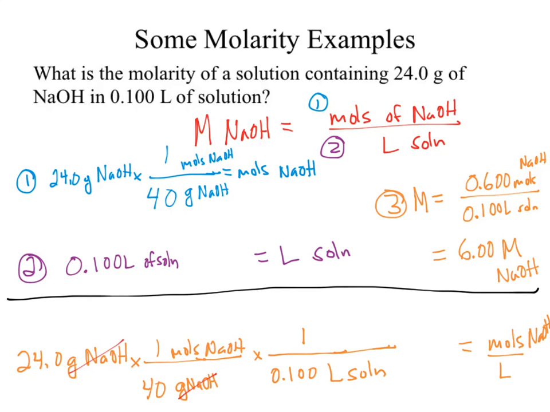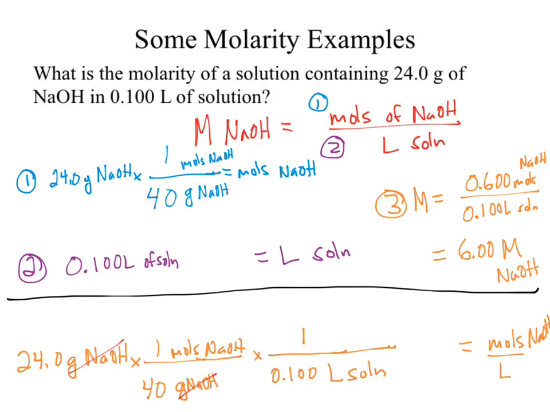The number 1. No units. Why is there no units? We already have the units set up. We are not doing a conversion. What we're doing is a calculation. We just happen to put that calculation in our conversion setup.